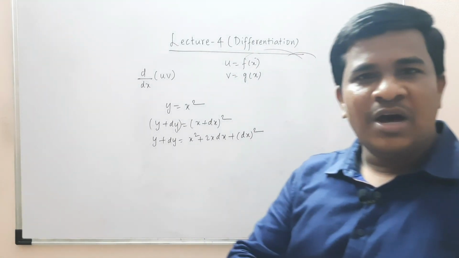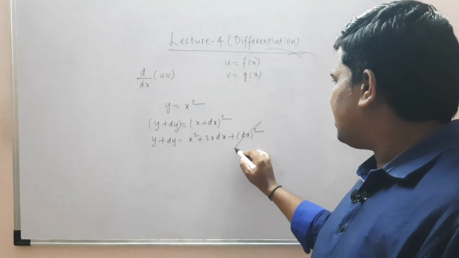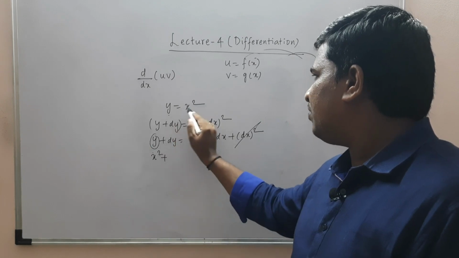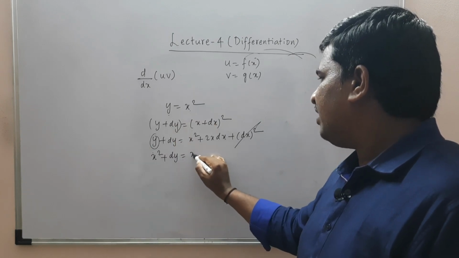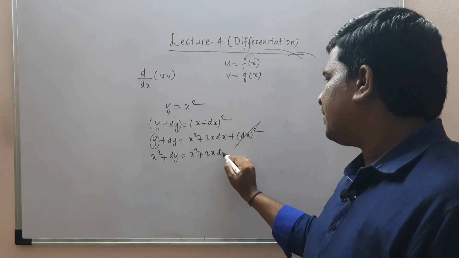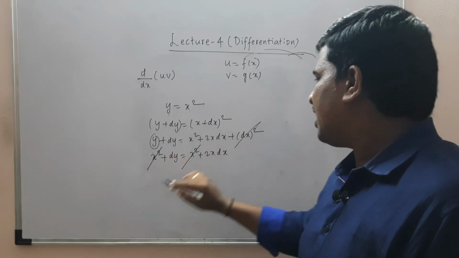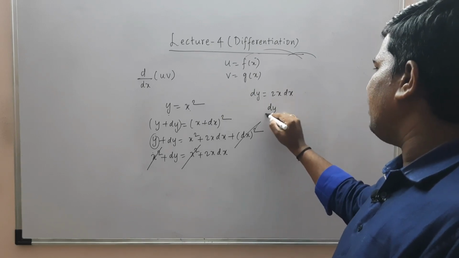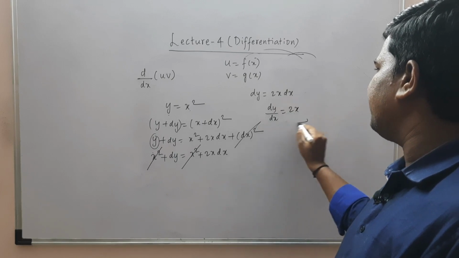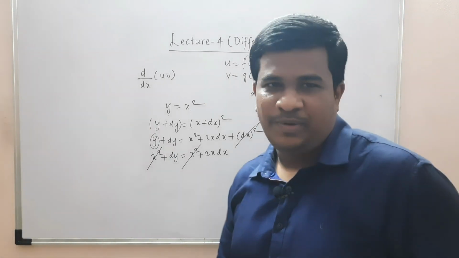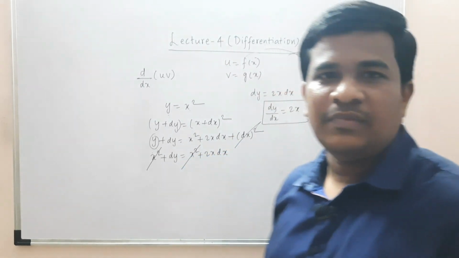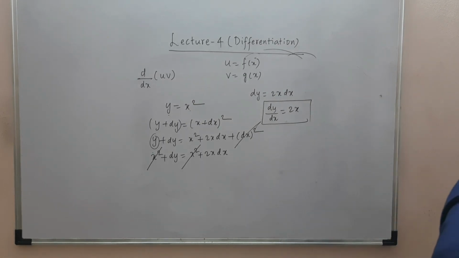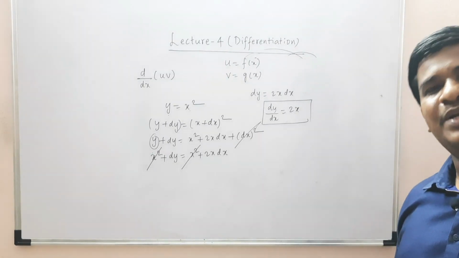As dx is very small, dx square can be neglected, and y is also x square because y is equal to x square, so x square plus dy is x square plus 2x dx. So here x square is cancelled, so we obtained dy equal to 2x dx. From this, dy by dx is 2x. So this is how we obtained the derivative of x square with respect to x.